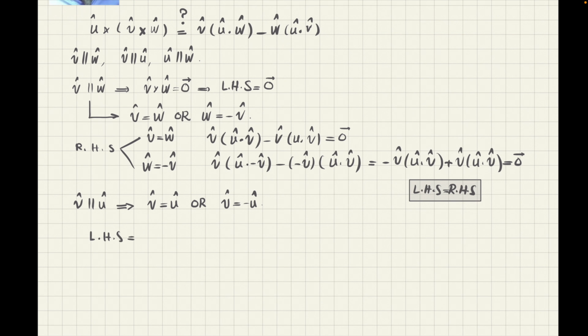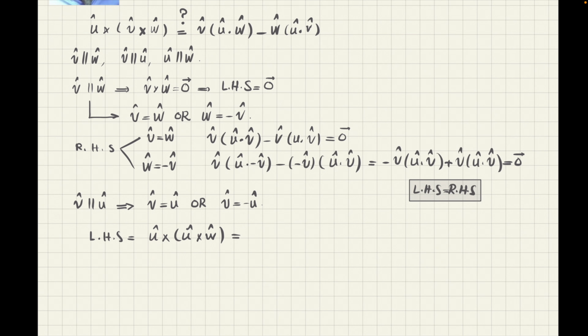Wherever I see V, I replace it with U. So then it becomes U cross, and then instead of V, I put U cross W. Yes?